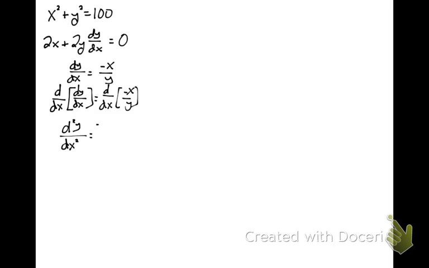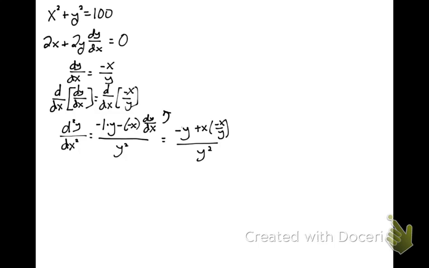So this will be negative 1 times y minus negative x times dy/dx, all over y squared. But I already know what dy/dx is from up here. It is negative x over y. So by substitution, this will become (negative y plus x times negative x over y) all over y squared.